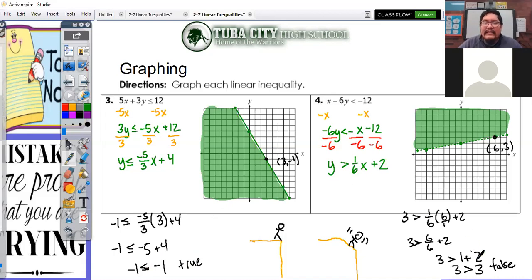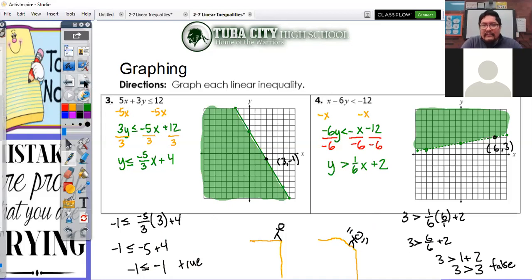And on this side here, we cannot pick an area on the line. So again, that cliff is a slippery slope. All right, so hopefully that kind of explains why we use dashed lines and solid lines, because if you pick an area on the line, they will come out to be the same number on both sides, but the or equal to is the thing that will make a difference.